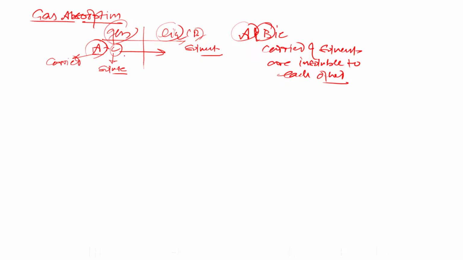As continuous transfer is taking place, the C gets transferred from the gas phase to the liquid phase. Then after the operation, what happened? The concentration of solute in the gas phase decreases and the concentration of solute in the liquid phase increases. Yes or no?